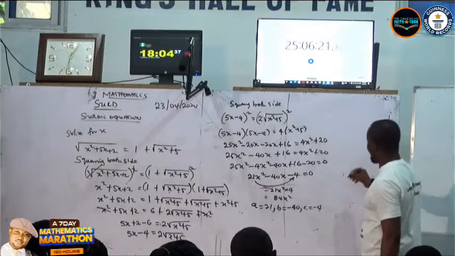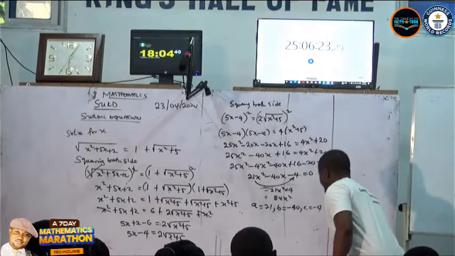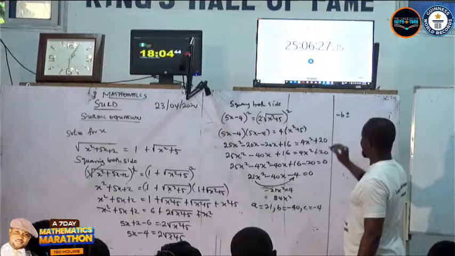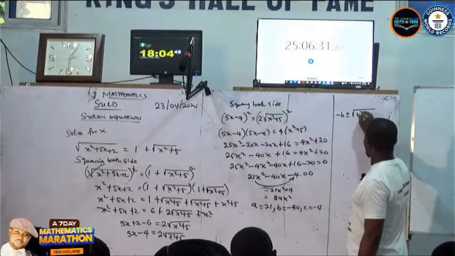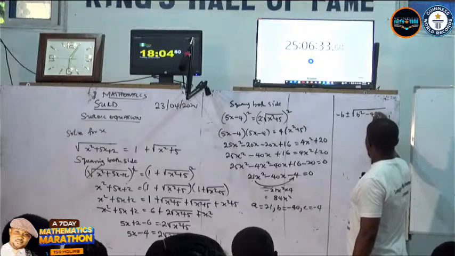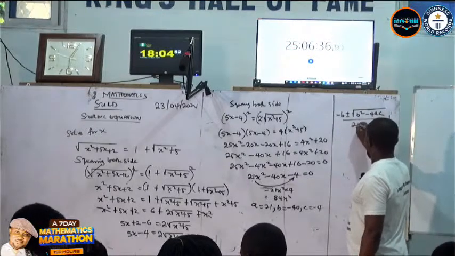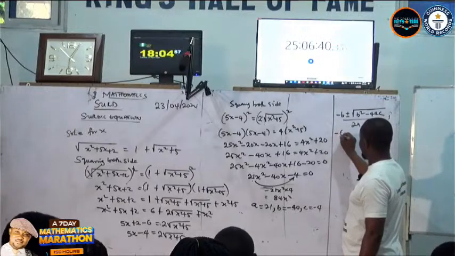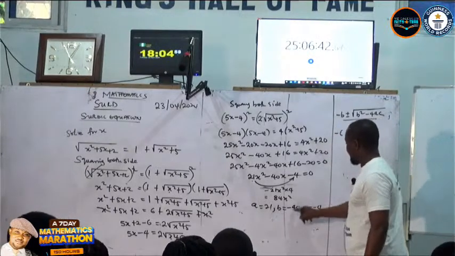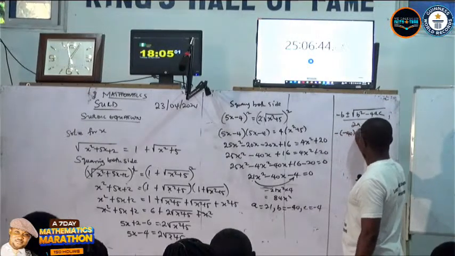So using the almighty formula, we state that x equals minus b plus or minus the square root of b squared minus 4ac, all over 2a.